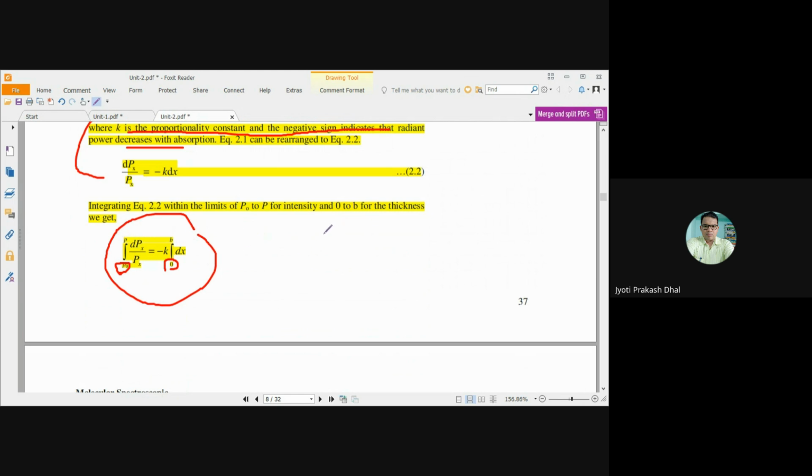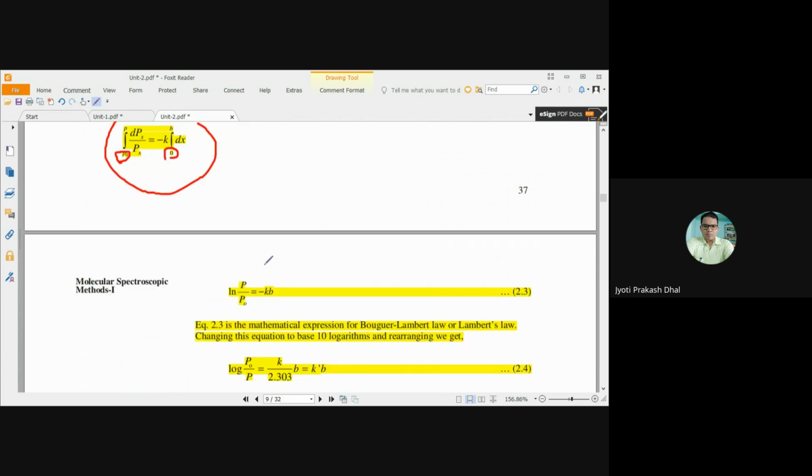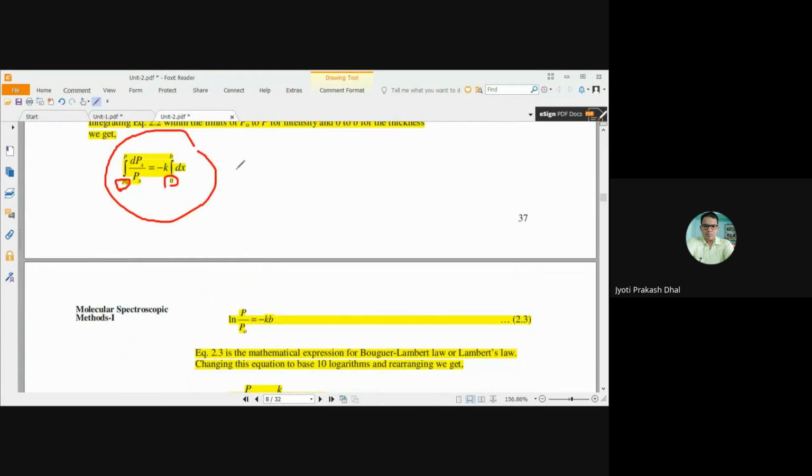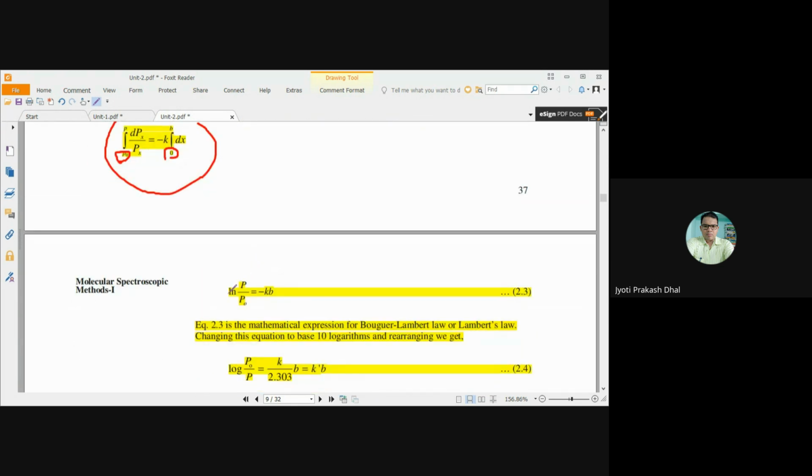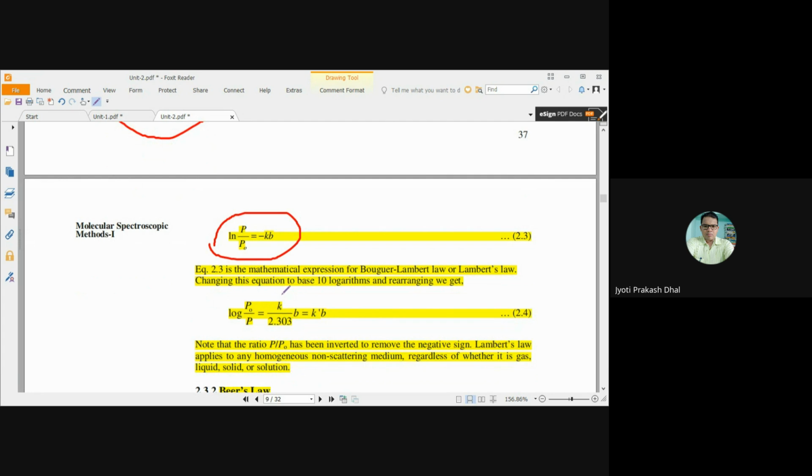So we take the limit from P naught to P, and on the right hand side the thickness 0 to b. Integrating this equation, we find ln P by P naught equals minus kb. This equation 2.3 is the mathematical expression of Lambert's law, or simply Lambert's law.